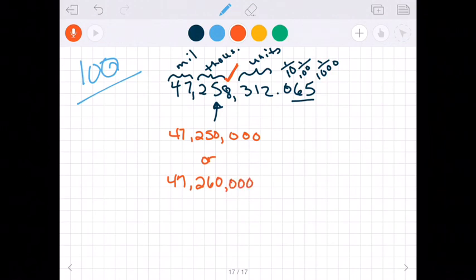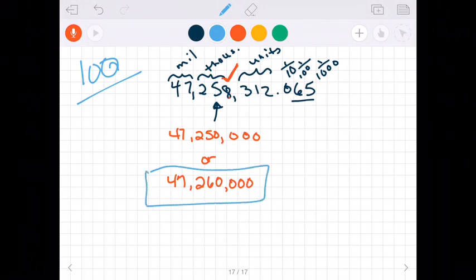Okay, and I put a check mark above the 8 because that's to the right of the digit we're rounding. So if it's 5 or more, it tells us to round up. So this is what we would round our number to.